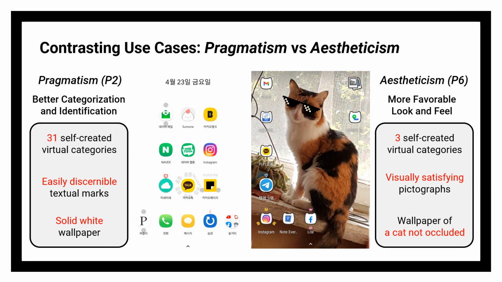We exemplify the diversity of DataHalo usage with the use cases of P2 and P6. P2 actively created many virtual categories and focused on discernibility of information with the simple textual marks. On the other hand, P6 was not quite interested in creating virtual categories. Instead, she decorated the graphical mark of remainder categories with visually satisfying pictographs.